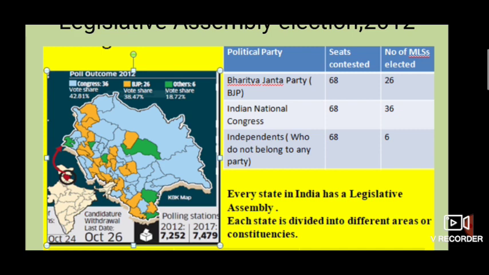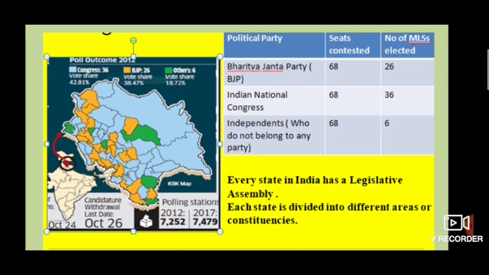From each constituency, one candidate will stand. So candidates will be there from all 68 constituencies. The people of the particular area will vote for them, and the person who gets the majority of votes will become the MLA.